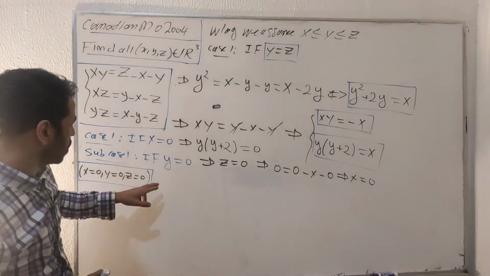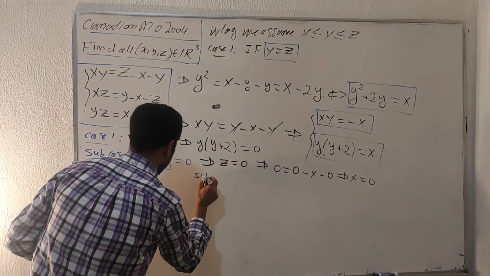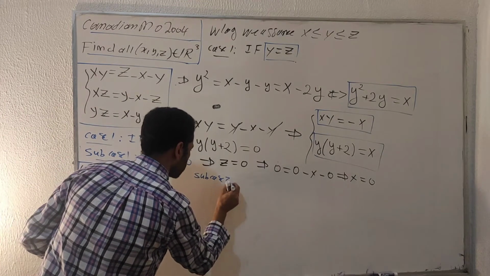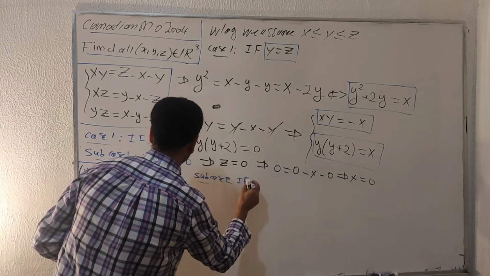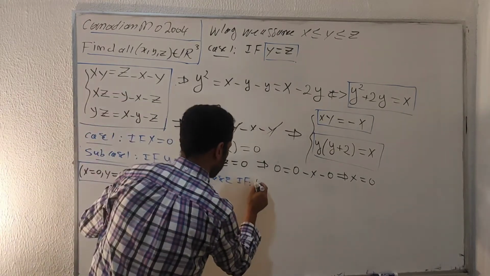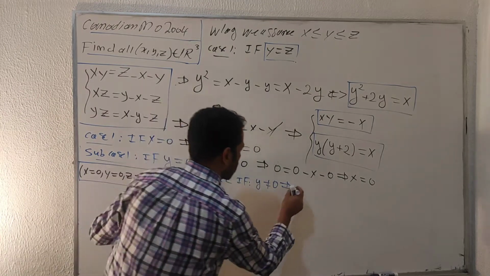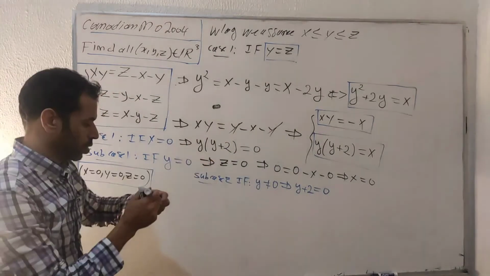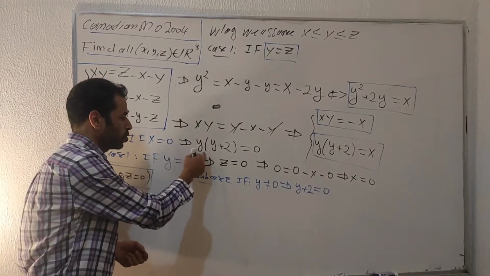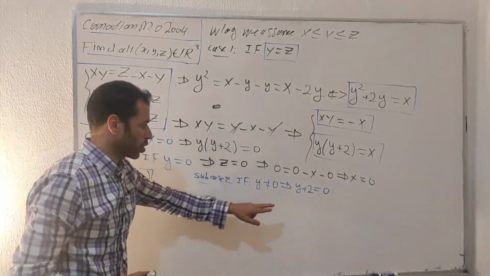Let's move on to subcase number 2. If y is different than 0, then y plus 2 must equal 0.